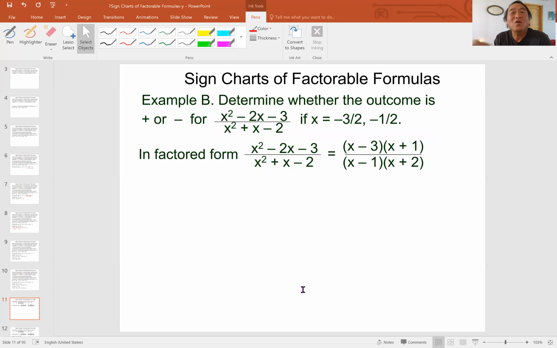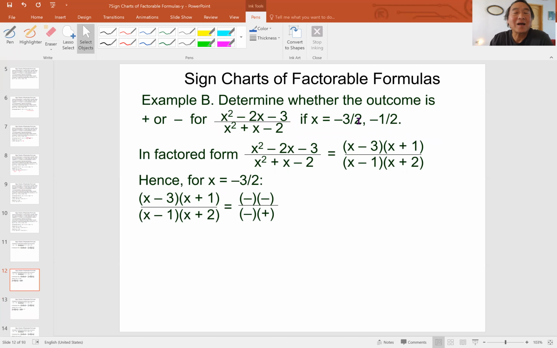This also works for a fractional formula. If the fractional formula can be factored into parenthesized binomials, we can use this trick to find out the sign of the output. So if I put minus 3/2 in for x, I will have a minus sign.